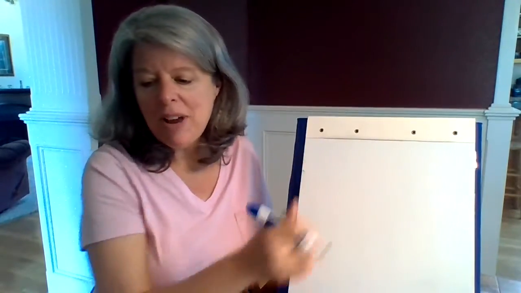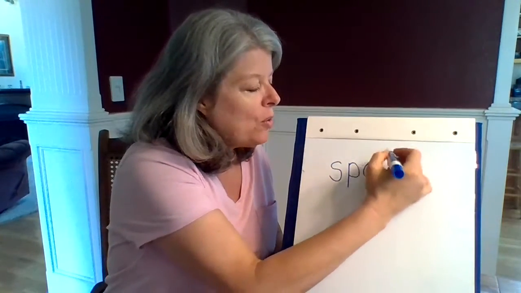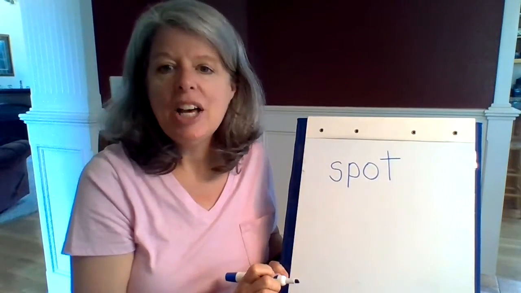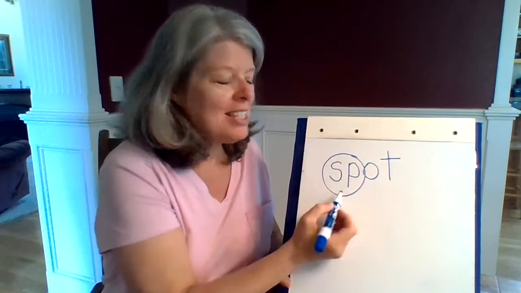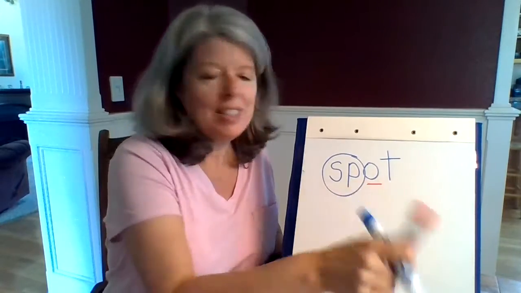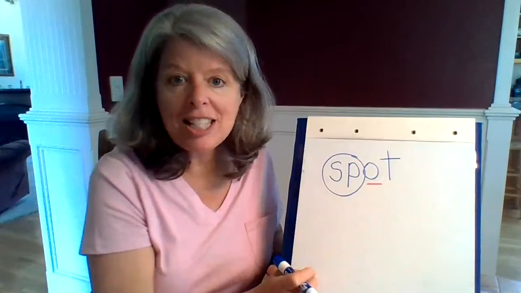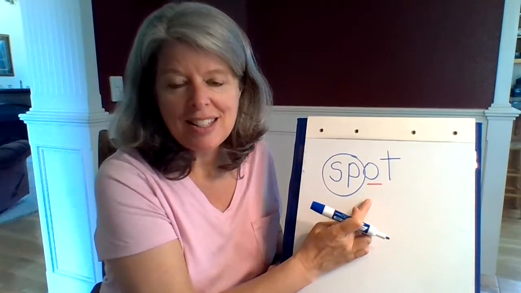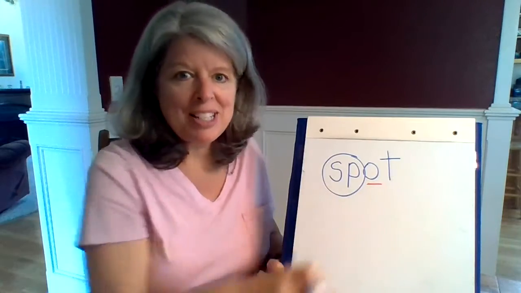One more, write down S, P, O, T. What shall we circle? SP says sp. And underline the vowel. O, notice it's just O by itself, followed by a consonant. So the O says aw, and the word is spot.